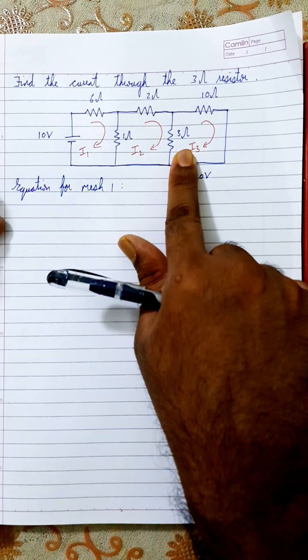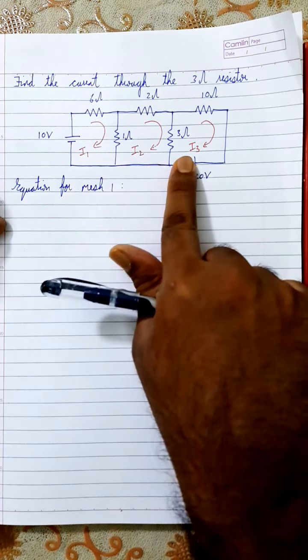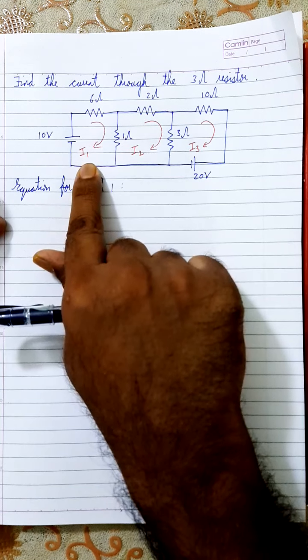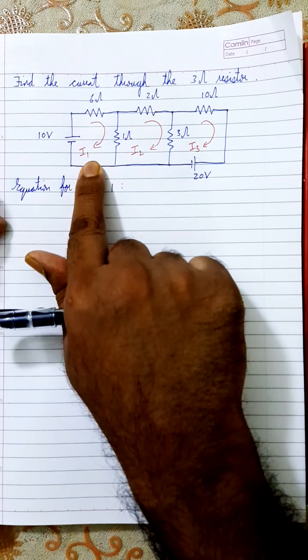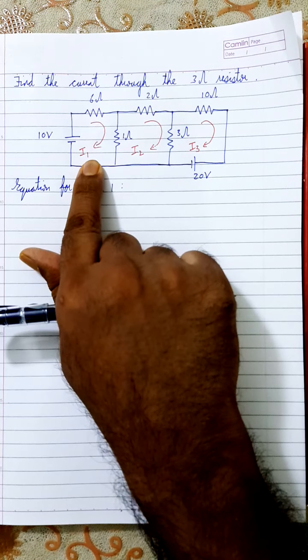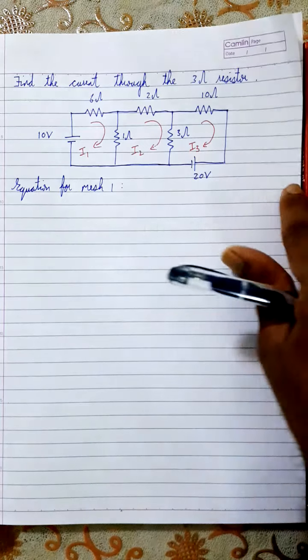The reason is that if you mark them in the same direction, then whichever mesh you are writing the equation for, that corresponding current will be positive, and the rest of the currents will be negative.